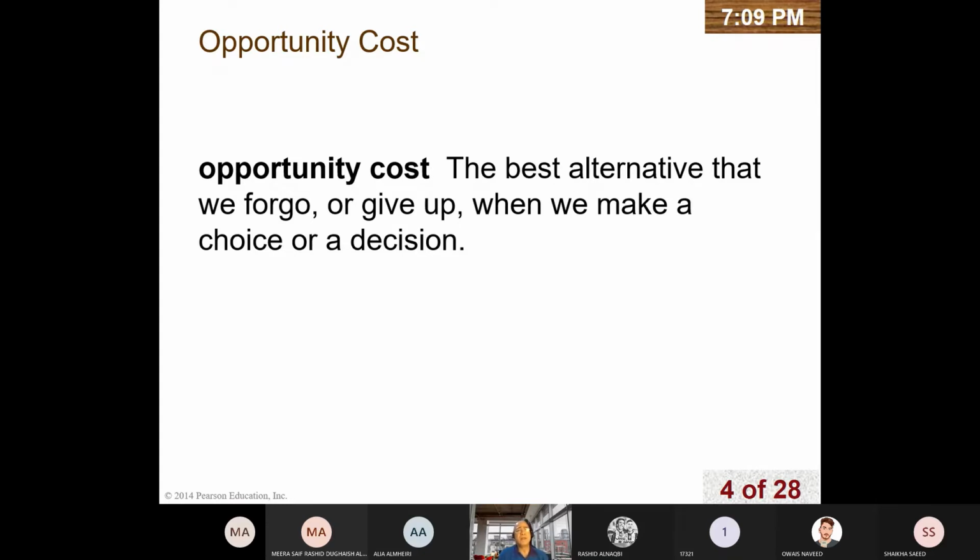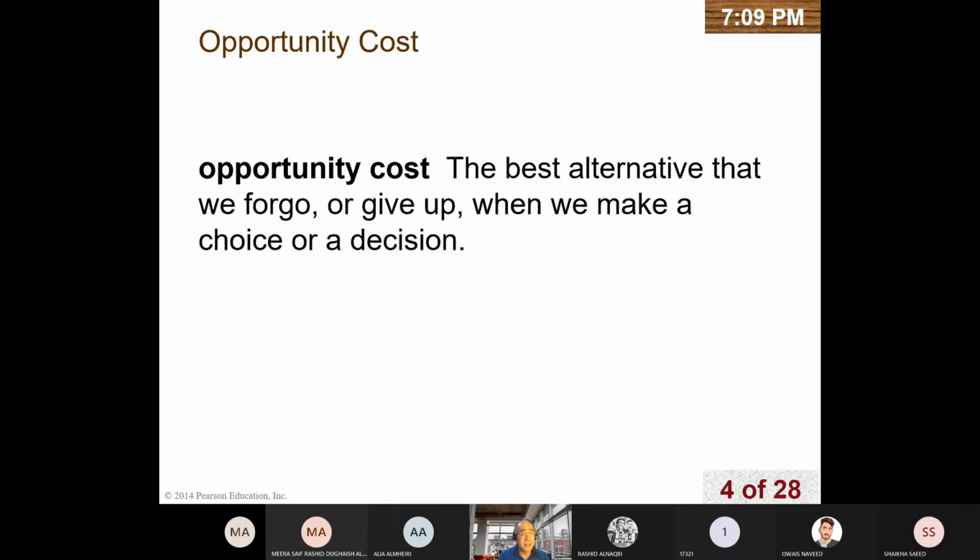So for example, there is an example. Assume Uwais got an offer to work in Carrefour for 10,000 dirhams. So this is the best alternative, but he gives up this option because he likes to set up a business to produce tomatoes.